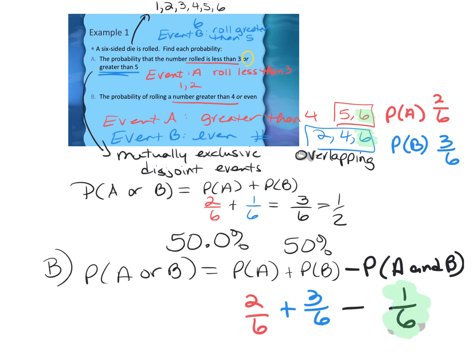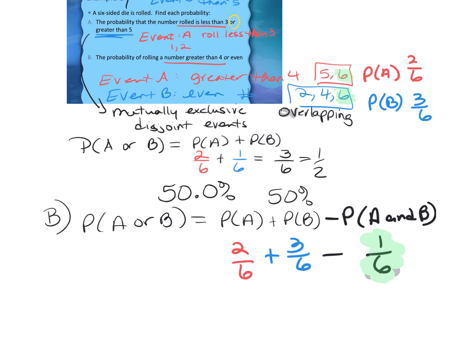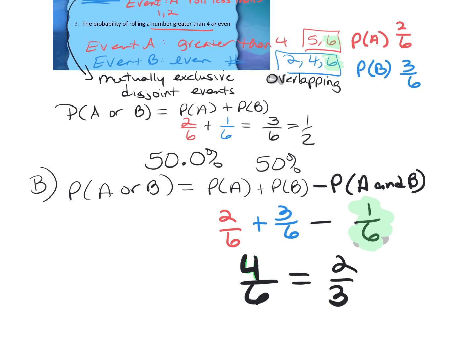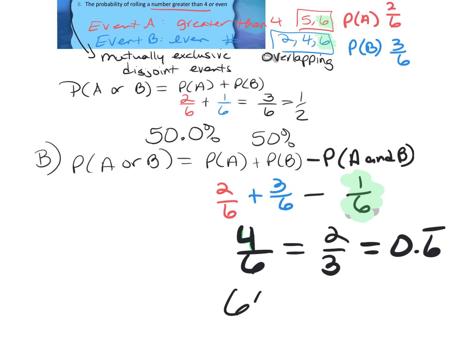So let's go ahead and add 2 plus 3, subtract 1, and my probability here is going to be 4 over 6, because 2 plus 3, 5, minus the 1, 4 over 6. As a simplified fraction, 2/3. As a decimal, this turns into 0.6 repeating. So as a percent, 66.7%, rounded to the tenths place.